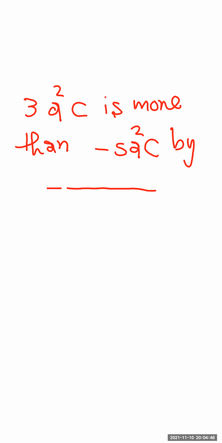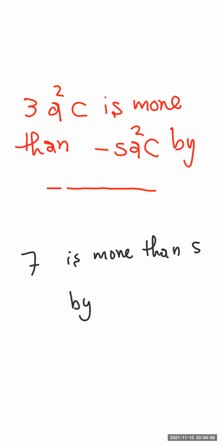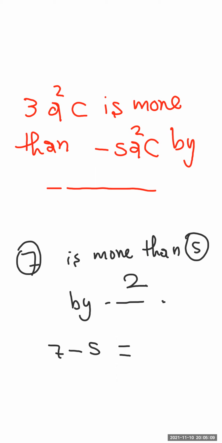It's like if I ask you a question like 7 is more than 5 by what? Of course, 7 is greater than 5 by 7 minus 5, which is equal to, right?